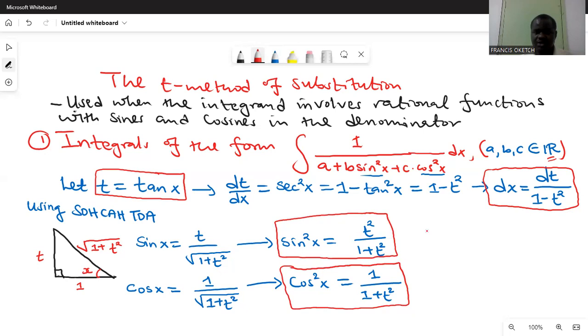So that when we substitute back into our given integral, our new integrand will be a function of t, which is now easy to integrate. So I just wanted to show you how to convert those functions of x in terms of the new variable t.